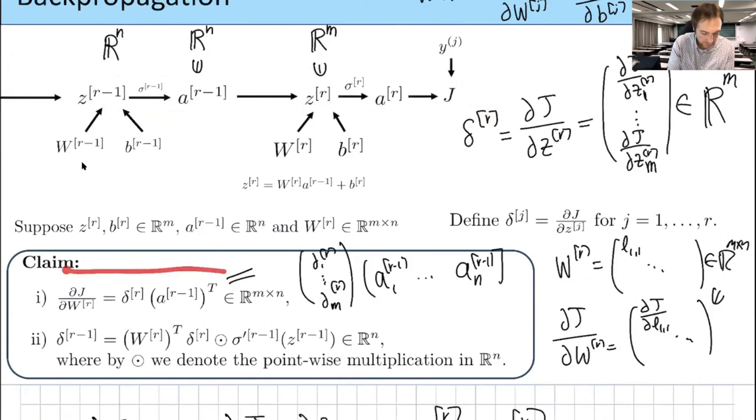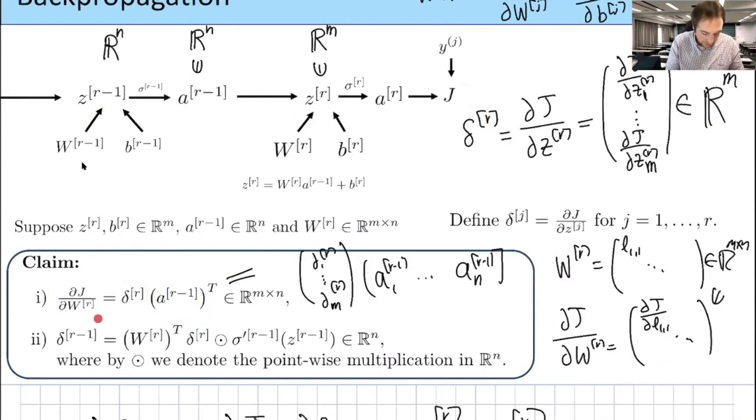So you can always, if you have the delta, obtain this by multiplying with the transpose of this a. And this a is just the output of the layer before. Yeah, and these deltas are exactly what we will save in each step, and we see here the reason why.